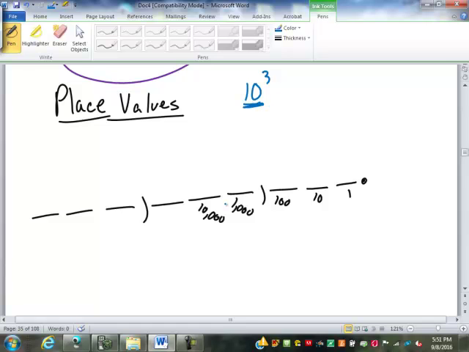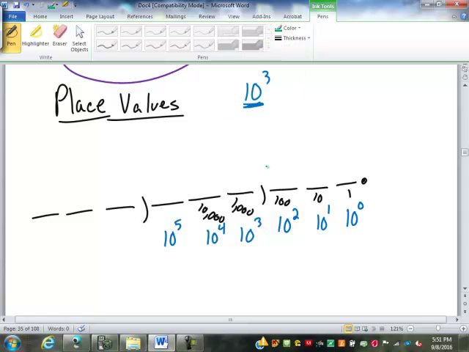Each of our place values is determined by an exponent that has a base of 10. Anything to the power of 0 is 1, so the ones place is 10 to the power of 0. 10 to the power of 1 is 10. 10 to the power of 2 is 100. 10 to the power of 3 is our 1,000s. 10 to the power of 4 is our 10,000s. 10 to the 5 is the 100,000s, and so on. All of our place values are those powers of 10.